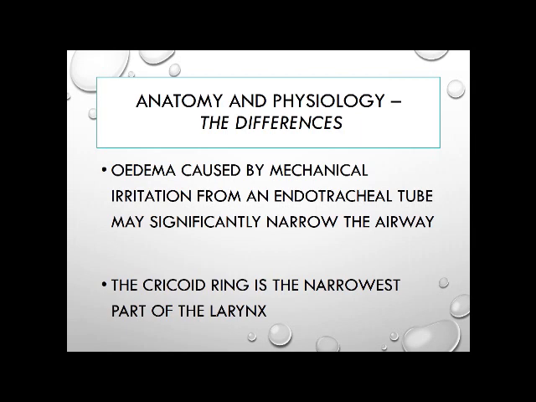Those differences in the upper airway highlight significant challenges in terms of clinical scenarios, because any mechanical irritation during airway management, for example, could cause edema and inflammation in pediatric patients, and with that there's a potential risk for narrowing of the airway.